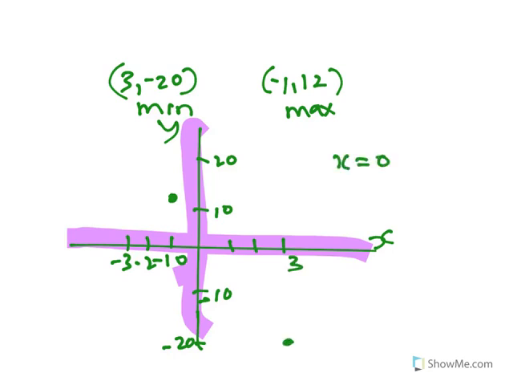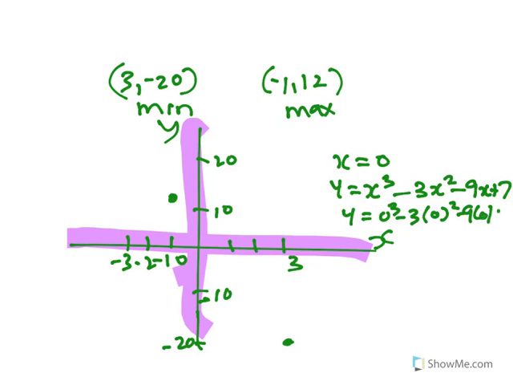You also need the y-intercept, so if you put in x equals 0 into this, then we've got 9x plus 7, then you'll end up with 7. That's the constant at the end. Y is 7. So it's also important that you mark in your y-intercept there as 7.